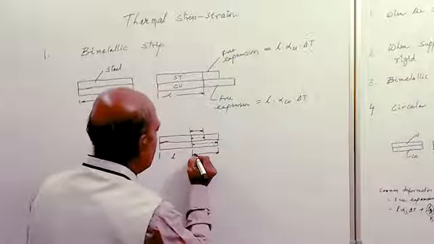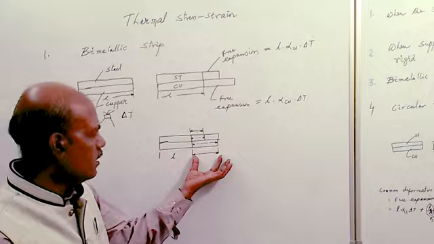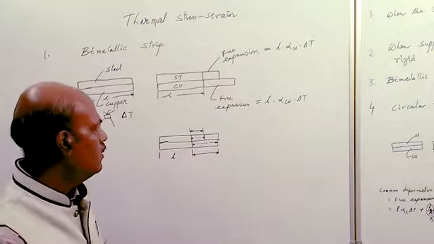Because the alpha value of copper is more, the free expansion of the copper bar will be more than that of the steel bar.